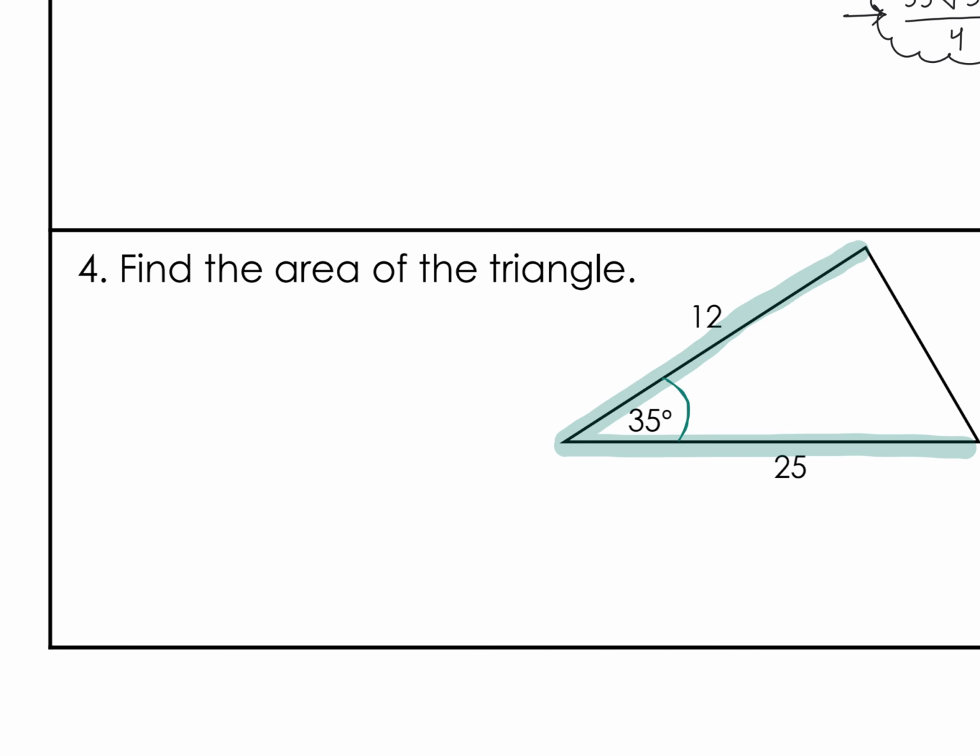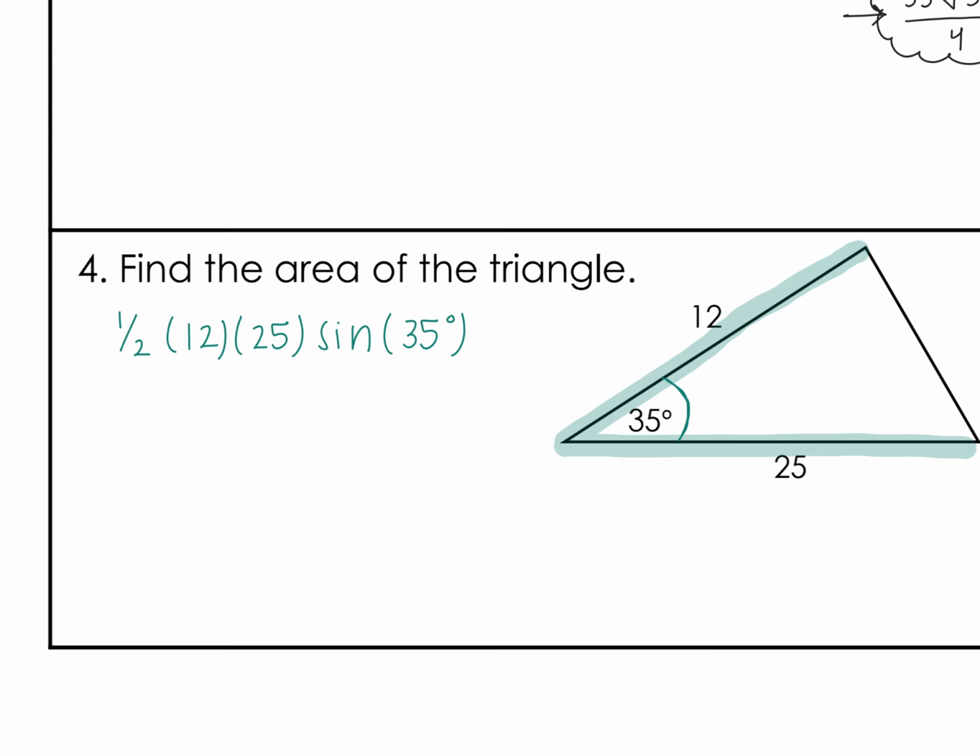It's that 35 degrees. This is using the area trigonometry formula that we gave you, which says you're going to take 1/2 of your two side lengths, so we'll have 12 and 25, times the sine of the angle where they meet, which is your included angle of 35 degrees.